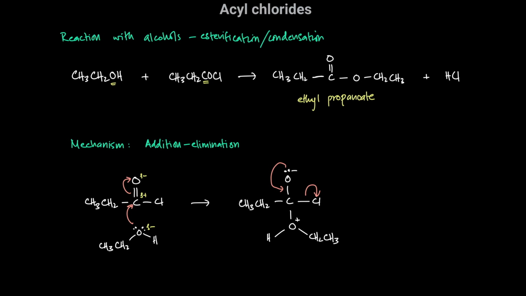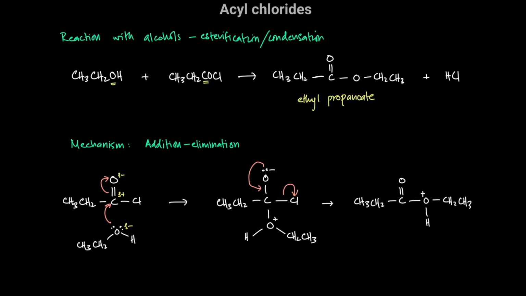What we end up with here is a CH3, CH2, then we have a C double bond O, and then we have an O, CH2, CH3, and we have an H here. We also have the Cl minus ion that was formed, right? We have that Cl minus, so it comes here and takes away this H plus.